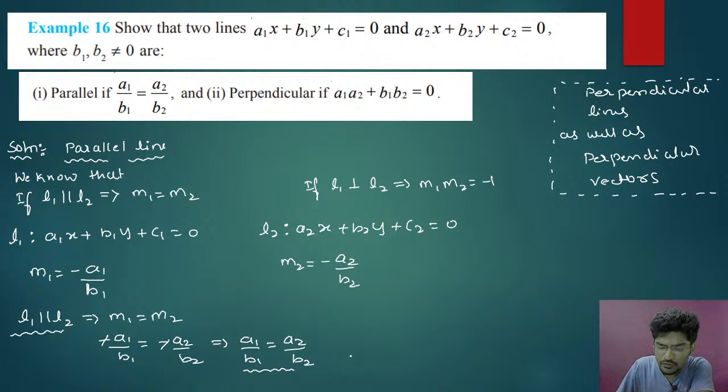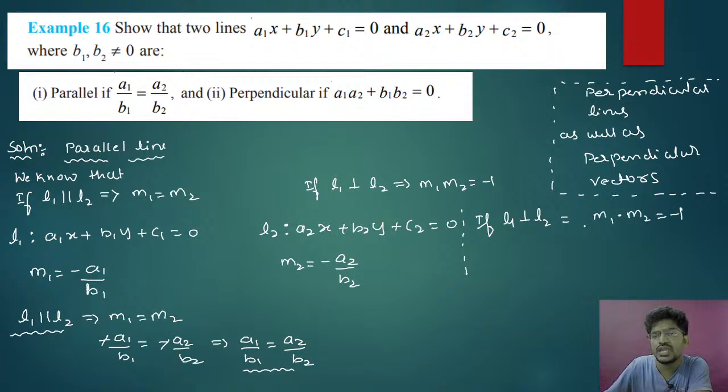Now let us go for the second proof, that is, if the lines are perpendicular. If L1 is perpendicular to L2, we know that M1 into M2 equal to -1.